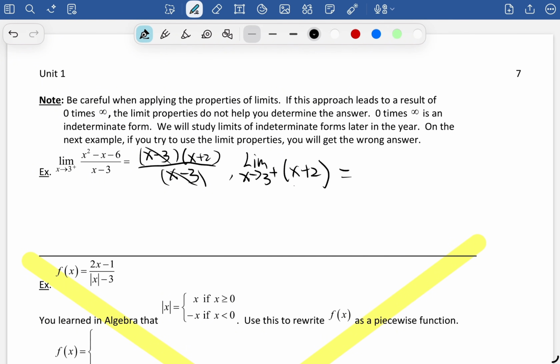We know that this function is continuous. There's no hole, there's no breakpoint or anything like that, so we just have to plug x equals 3 in, to treat it like a two-sided limit. So it's basically 3 plus 2 equals 5.